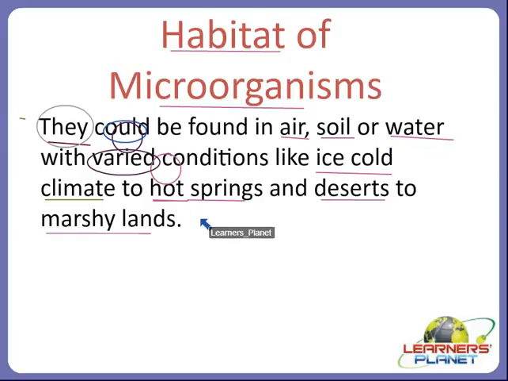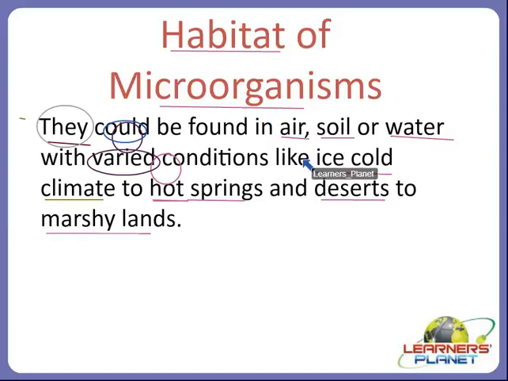So if these physical climatic conditions are changing from one place to another, then how can these microorganisms survive in such varied conditions? These variables do not affect the survival of the microorganisms because they have the power. They have the tendency to survive according to these varied conditions.